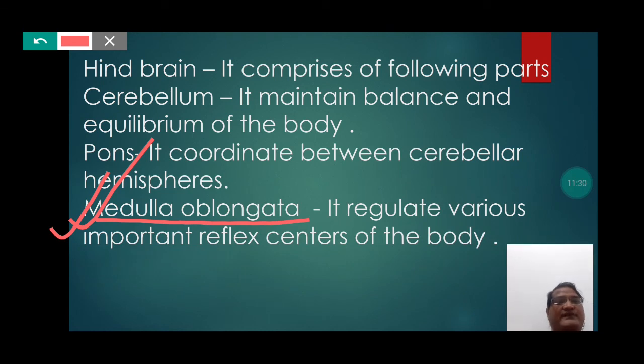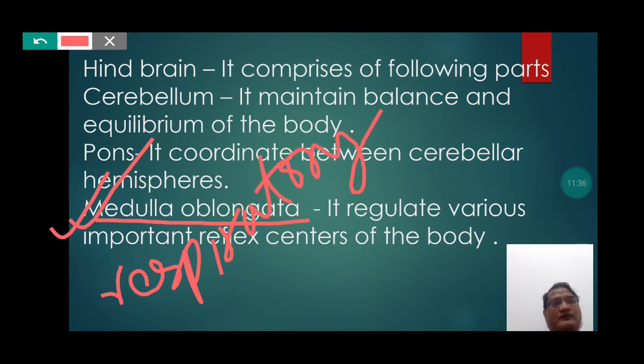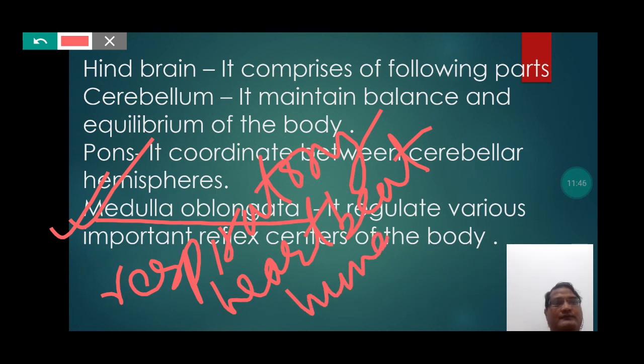So students, we can say that the respiratory center, heartbeat center, hunger center are controlled by the medulla oblongata.